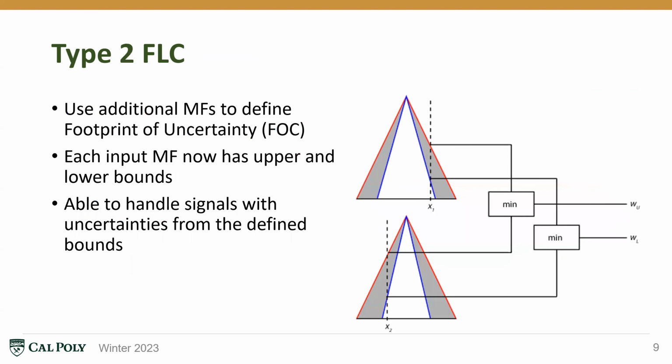So now we're going to introduce the type 2 FLC, which is included in the MATLAB toolbox, because we want to see how well it performs compared to the type 1. What's different about type 2 is that it adds a boundary to the type 1 FLC, and those boundaries allow the controller to handle signal uncertainties being passed into the controller.